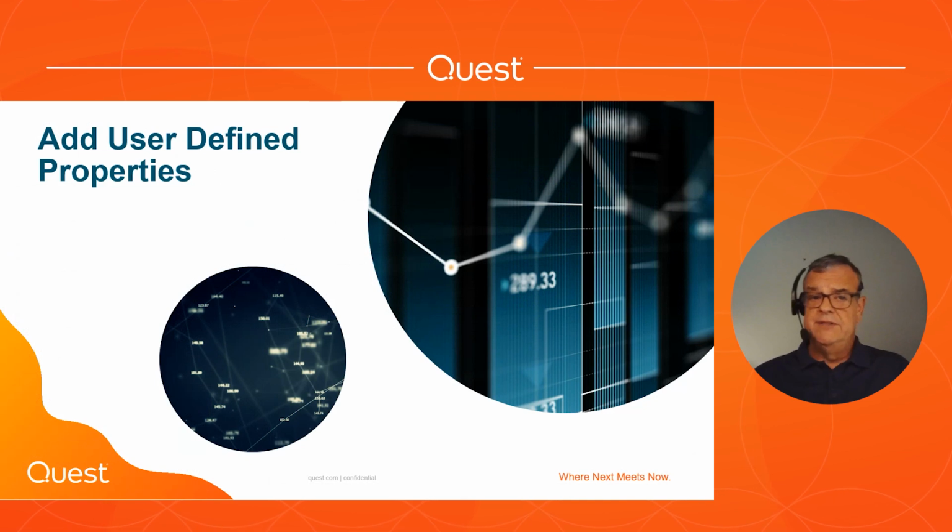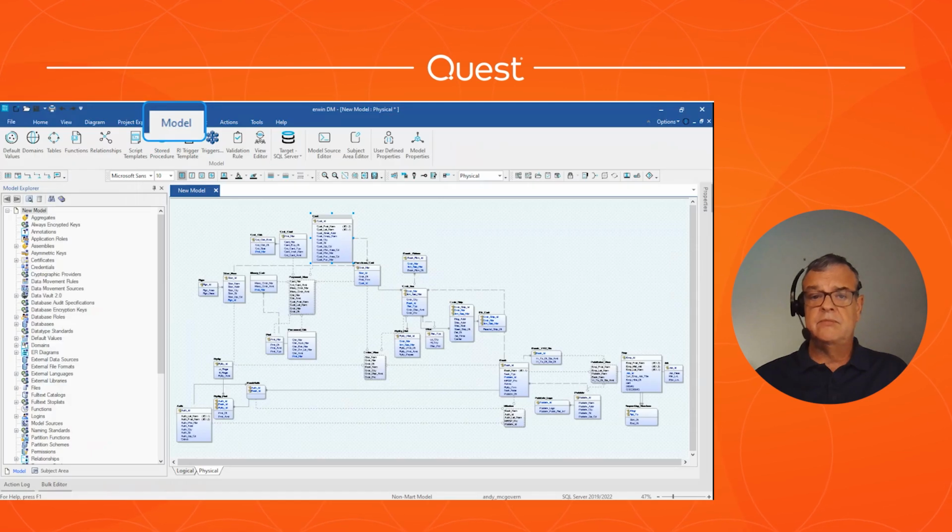All right. Next up, user-defined properties, UDPs, custom labels. How do we add information to put this data in context that is relevant to our organization? The way we do that is through user-defined properties. What I'm going to show you is really simple and basic.